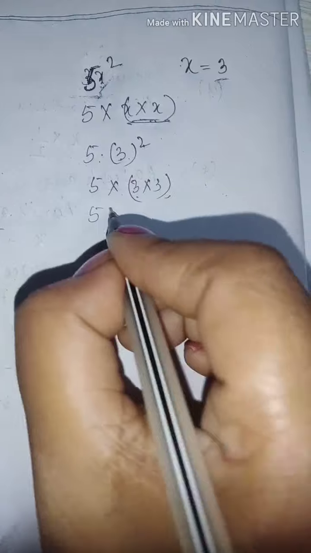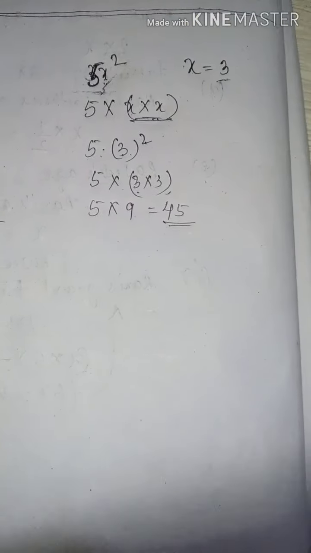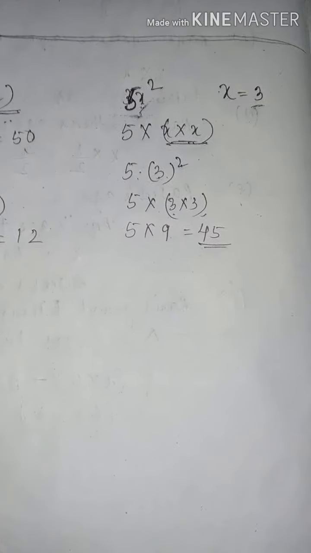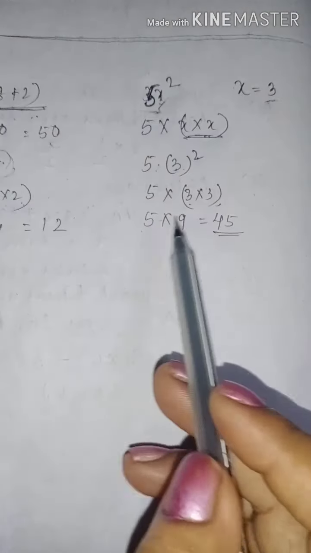So 5 into 9, 45. The answer I am getting is 45. Can you understand? To find the value of an algebraic expression, whether binomials, trinomials, polynomials, or any type of algebraic expression, you have to calculate the answer by using the values of the different variables.